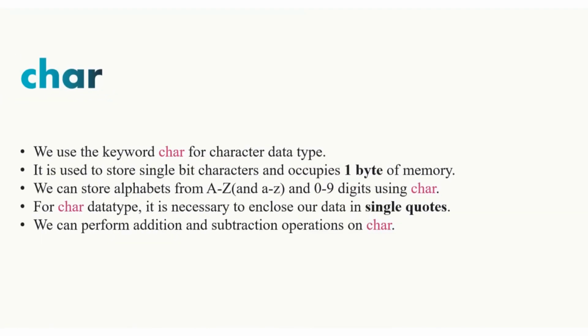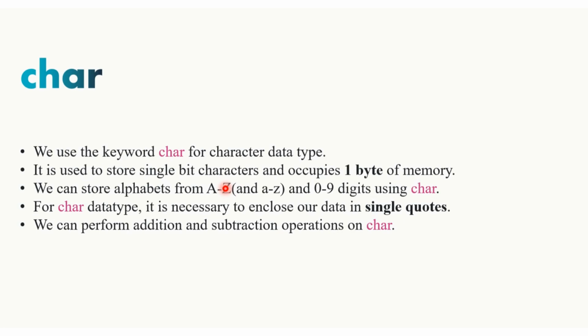Now let us look into the third one, character. Character data type is generally used to store a single character or a symbol, and it follows ASCII standards. ASCII stands for American Standard Code for Information Interchange, and the number that is assigned to a character is called the ASCII value.